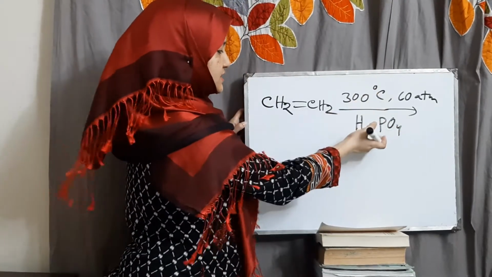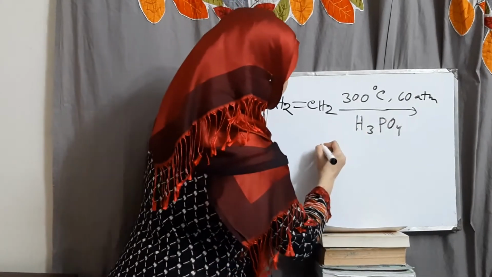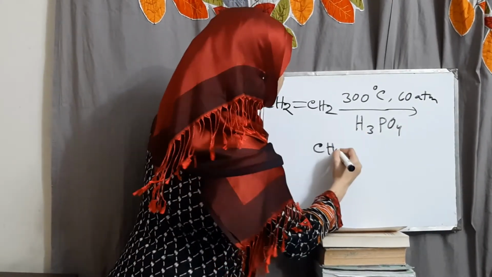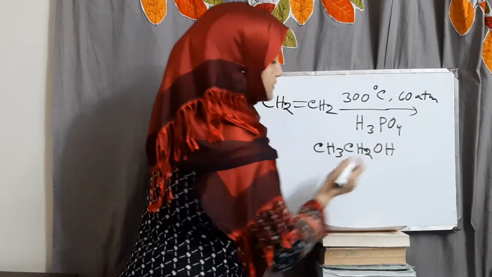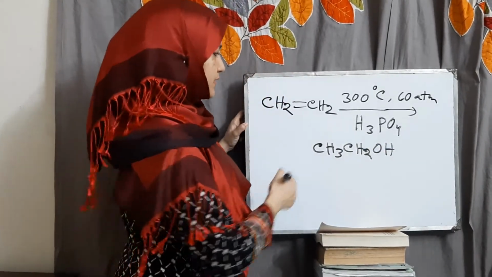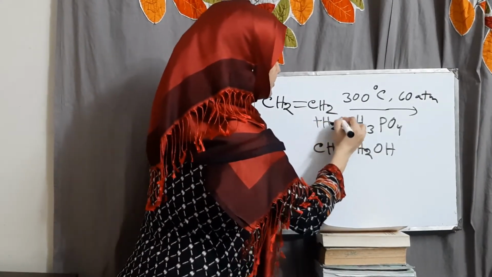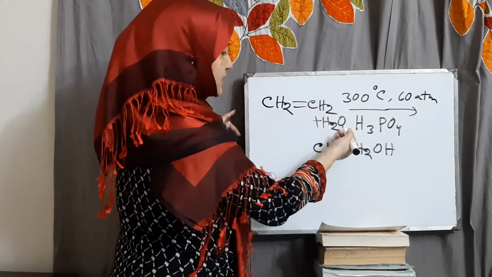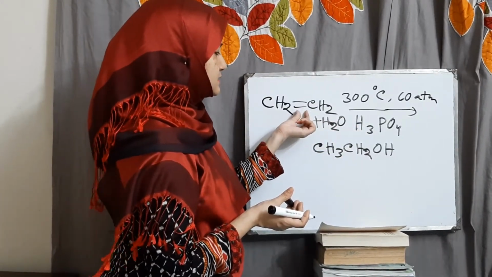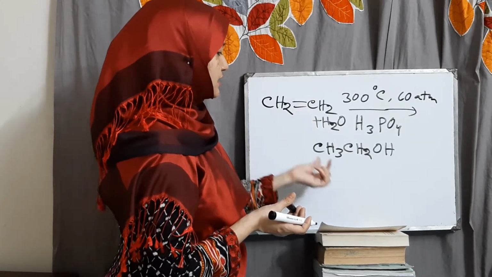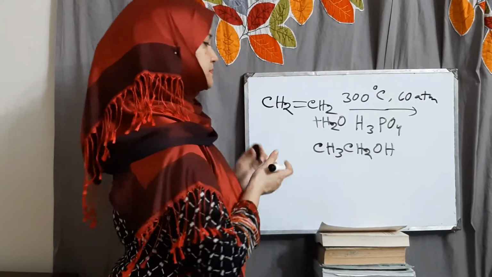Under this condition, alkene can directly convert into alcohol, CH3CH2OH. The other reactant is water. The water molecule adds to this double bond, and the addition product is ethanol.